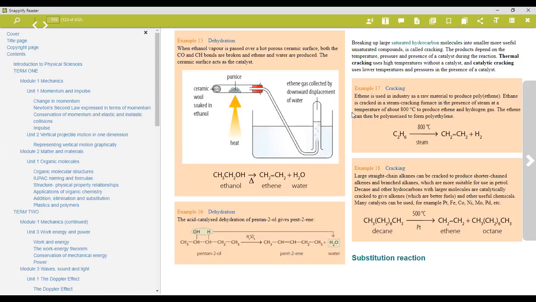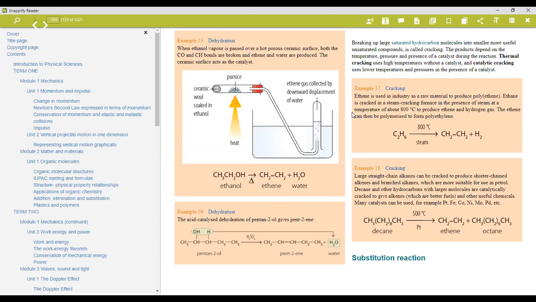Yes, here we are. So here's a reaction, just a small exercise to move us away from the too much theory that we've been working on. It says: when ethanol vapor is passed over a hot porous ceramic surface, both the C-O and C-H bonds are broken and ethene and water are produced.